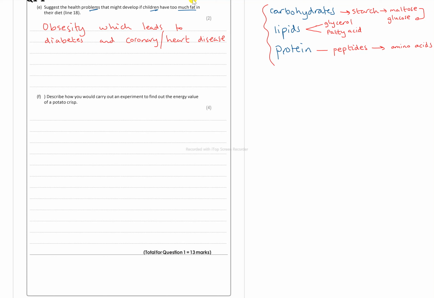Right, it can also lead to blocked arteries, and it can lead to strokes as well. So you've got heart attacks, strokes, and obesity.